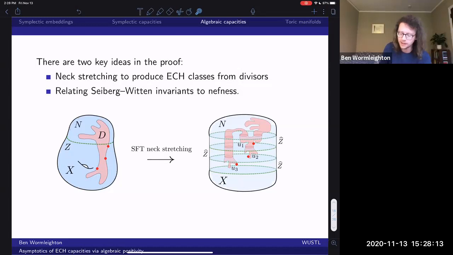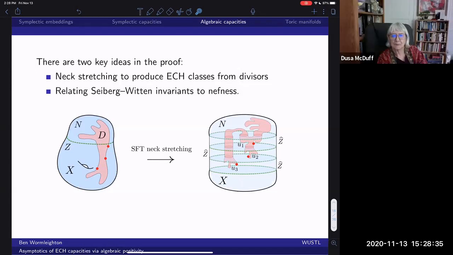Given such a thing, I can produce an ECH class in degree 2k by neck stretching, as depicted by this picture, which matches up with area, matches up with index. And so the point is that this procedure will give me some relationship between the objects that I'm optimizing over on both sides.